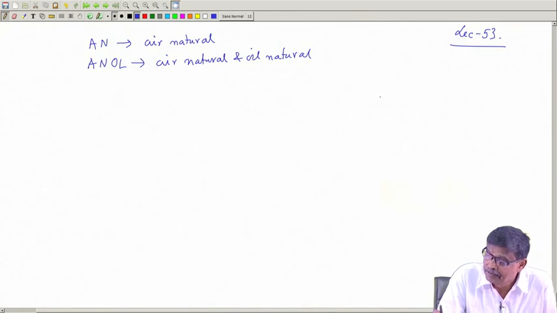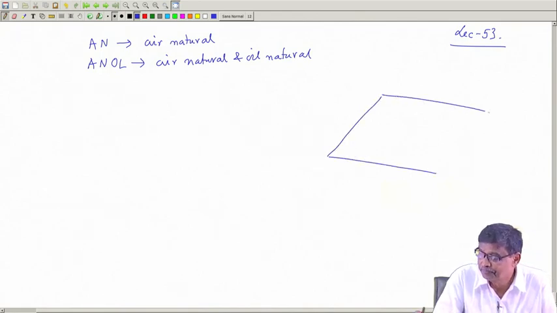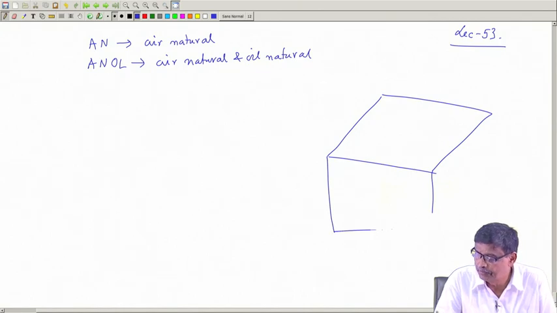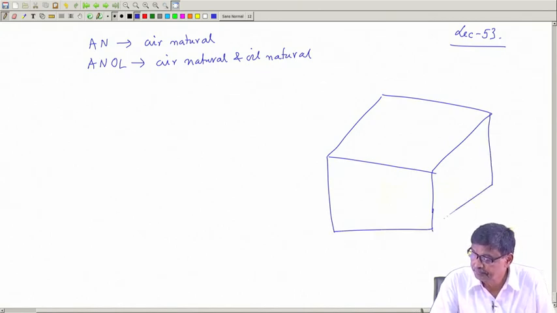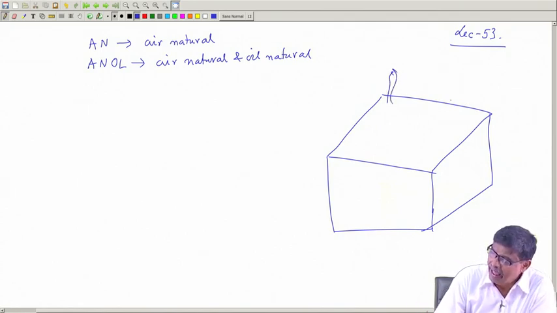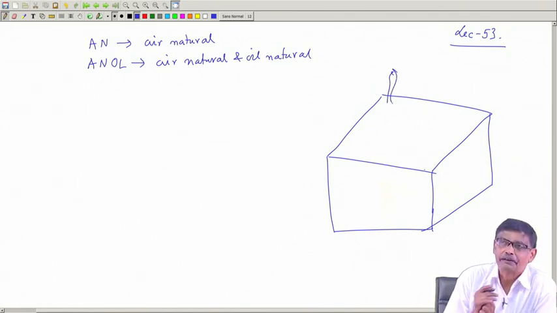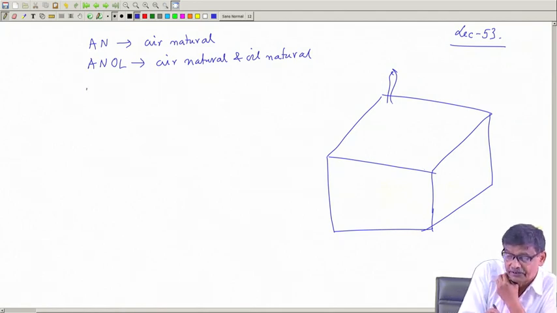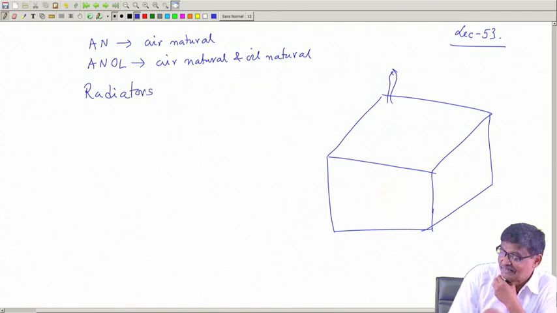But what I am telling is, suppose this is your transformer, the main transformer tank, with bushings, etc. To increase the surface area, the cooling tubes are also not sufficient. What they then connect are called radiators. Radiators are nothing but iron plates with tubes like this.